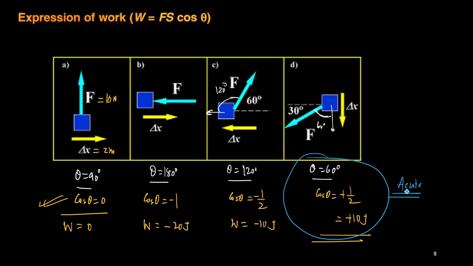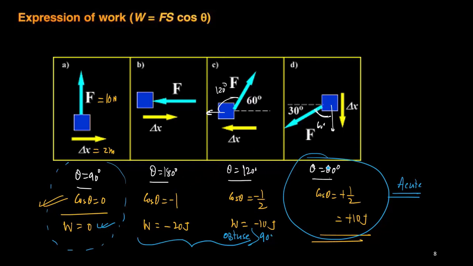When theta is an acute angle, then only I can say that cos theta is positive, and in that situation the work is positive. If theta equals 90 degrees, cos is 0, so in that situation work is always going to be 0. And whenever theta is an obtuse angle, that is, greater than 90 degrees, then cos theta is negative, that is, work done is negative.